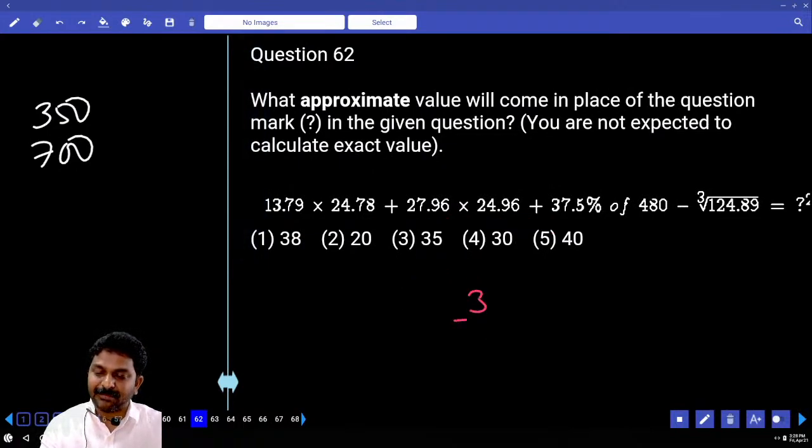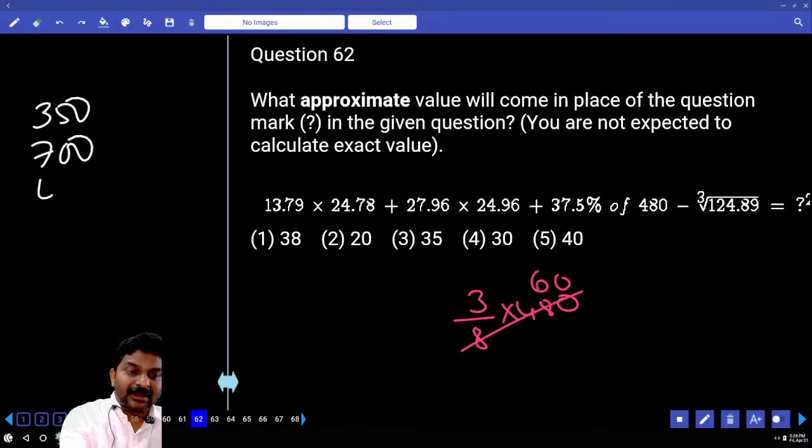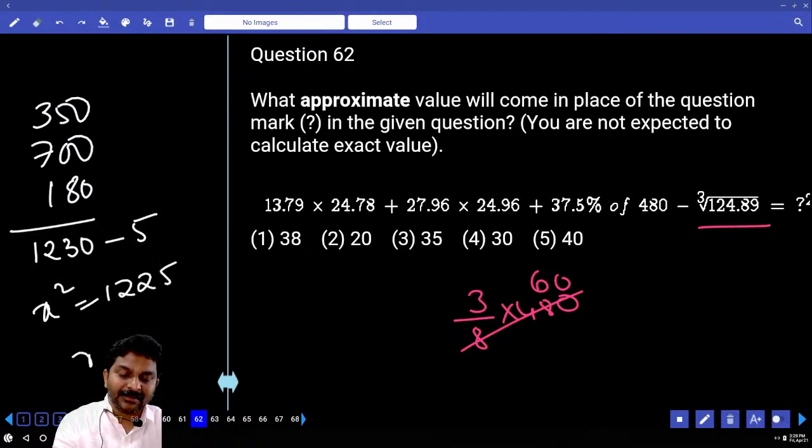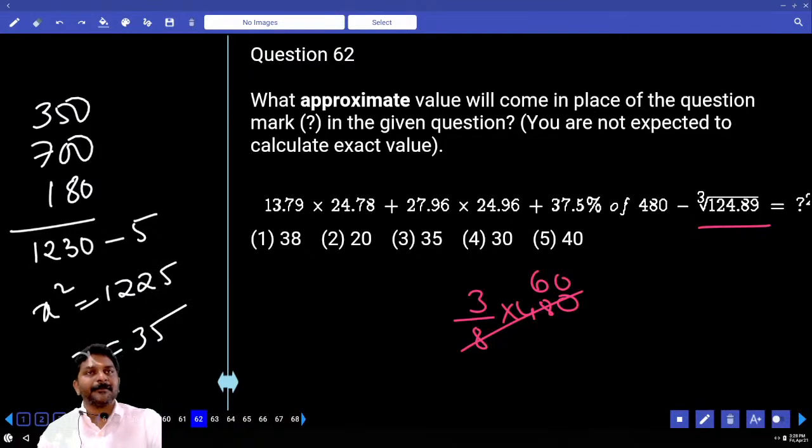Can we write it as 3 by 8 among 480? 8, 60 times 3, 180. The other one is a negative number, right? So far it is 1230 minus cube root of 125, which is 5. So what number is this? 1225. Which square is 1225? 35. X is equal to 35. Yes.